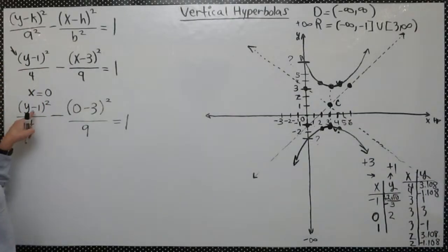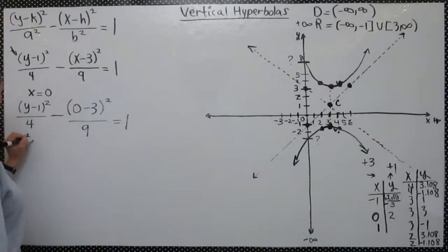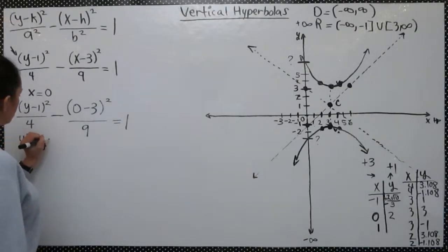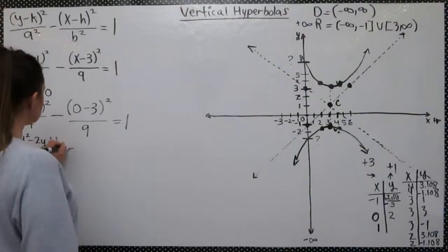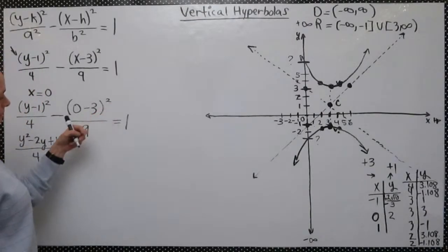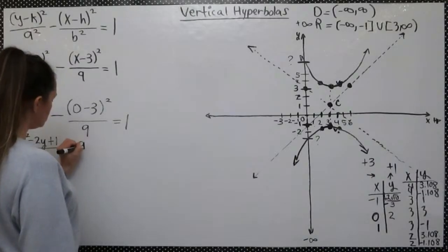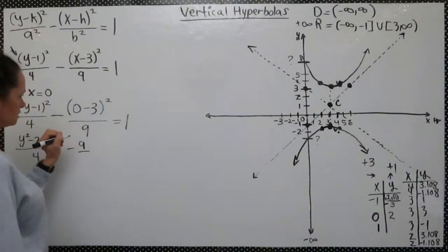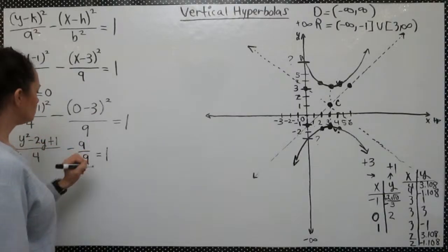I'm going to expand this. I did it yesterday too, but this is y squared minus 2y plus 1, and then it's all over 4. We'll keep that denominator. Then minus negative 3 squared is positive 9, over 9, and that equals 1.